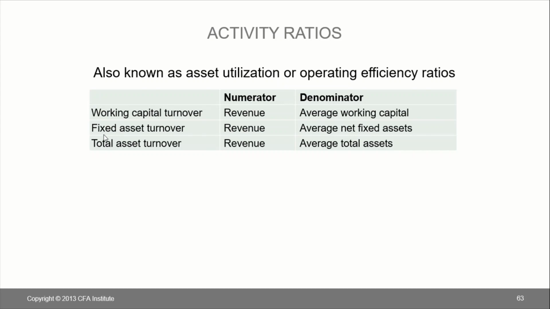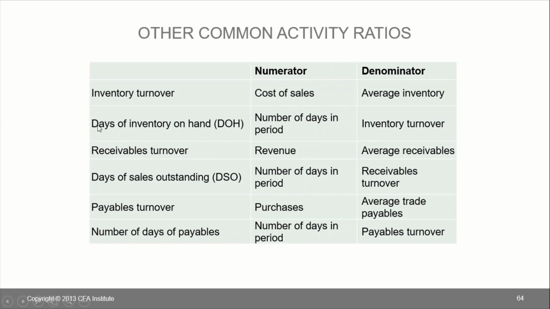Okay? So, dito sa fixed asset turnover, you are only comparing your sales versus your average net fixed assets. So, we're only talking of your long-term assets. Okay? So, other activity ratios that are used is this one. We have the days of inventory on hand.